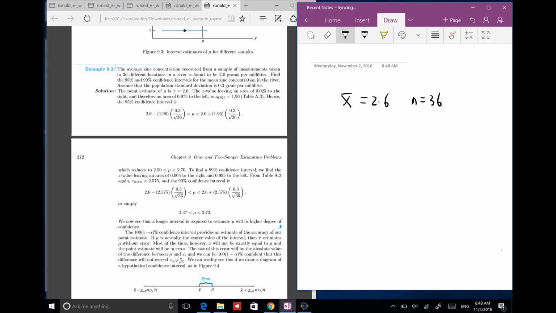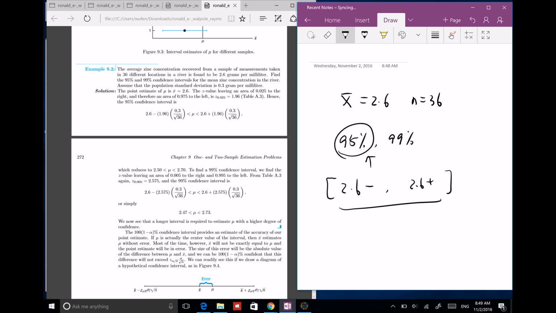The 36 samples give you a mean value of 2.6. Find the 95% and the 99% intervals, each one by one. First, find the 95% confidence interval for the mean zinc concentration in the population, the whole river. So it's going to be 2.6 minus something, 2.6 plus something. You have to give a 95% interval.